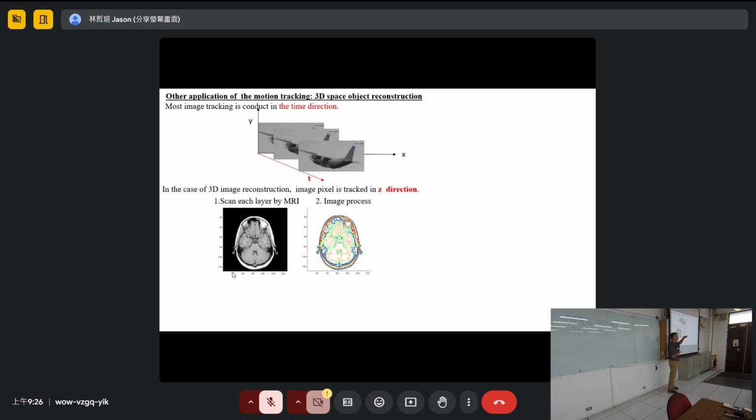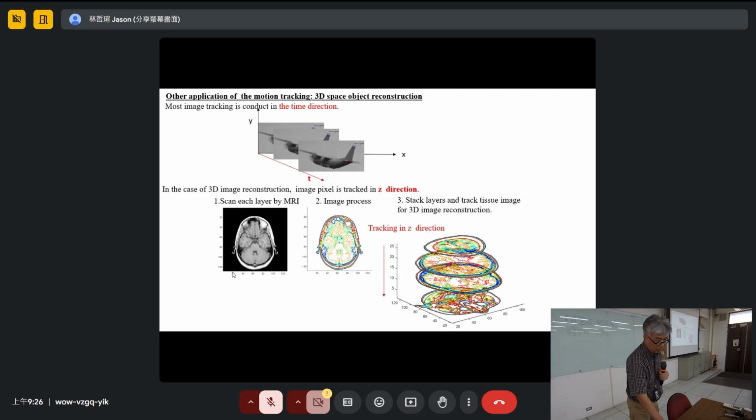An MRI can scan your body 1, 2, 3, 4, 5 in the Z direction, right? Each image is 2D, but eventually you can stack them up. Then we have a Z direction equivalent to the T direction. Then you stack up everything, then you track this point to this point, this point to this point.